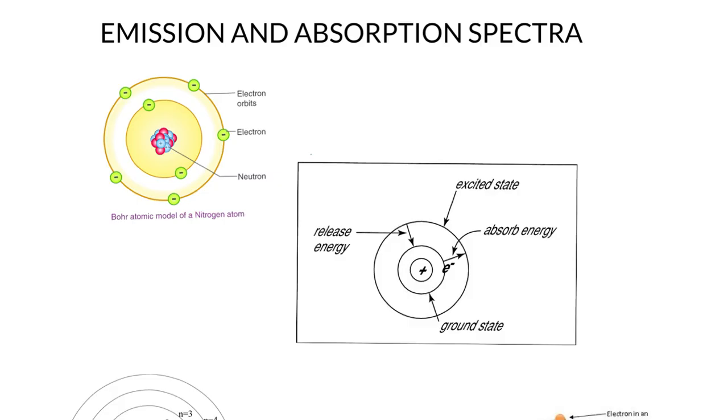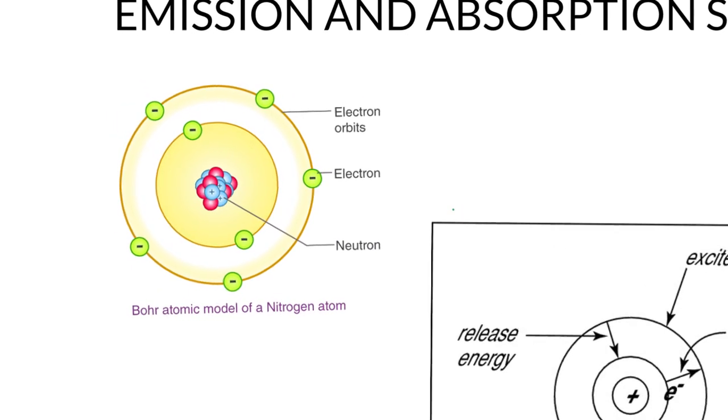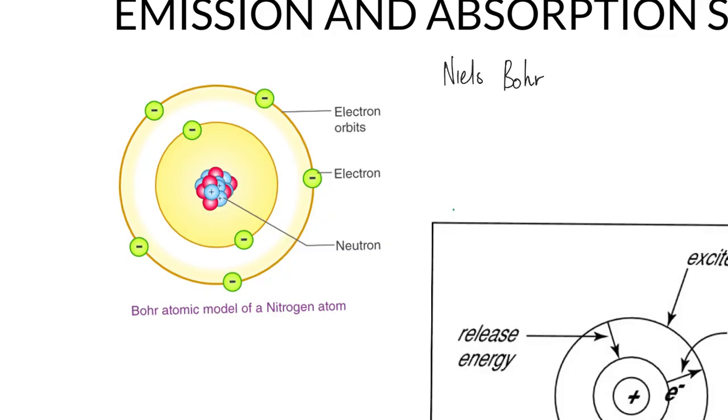All right, the first thing that we're looking at is the Bohr diagrams. So we have a guy, his name is Niels Bohr, and you learned about Niels Bohr in grade 10. Niels Bohr discovered the idea of electrons moving on orbitals.